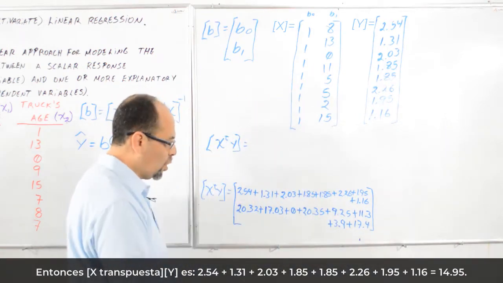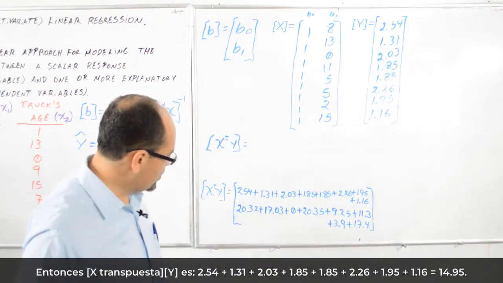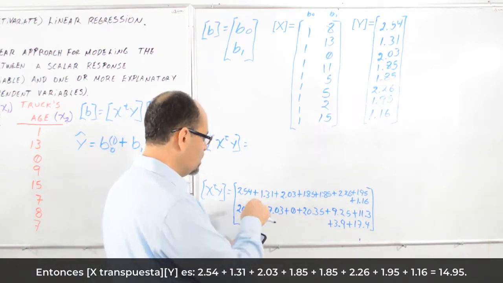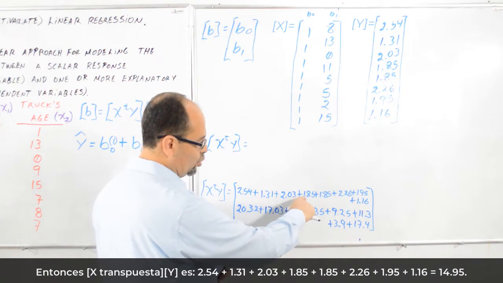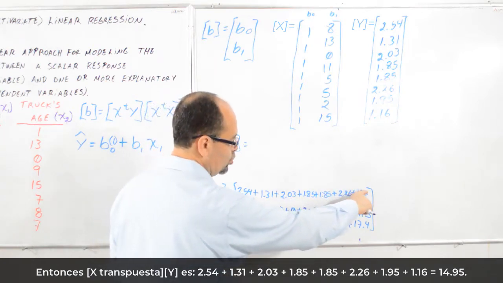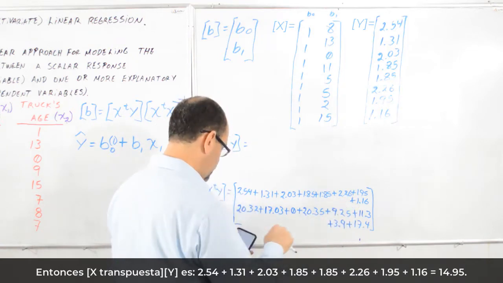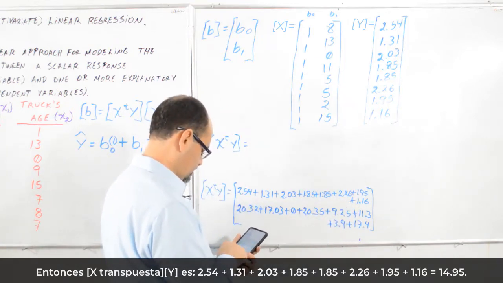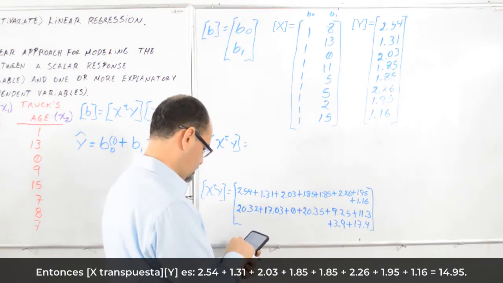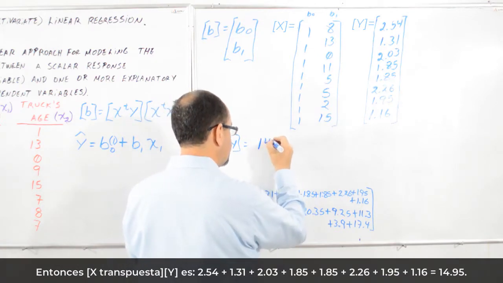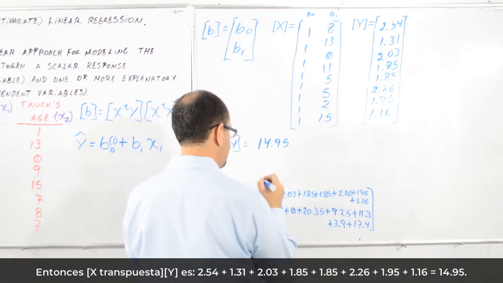X transpose Y: 2.54 plus 1.31 plus 2.03 plus 1.85 plus 1.85 plus 2.26 plus 1.95 plus 1.16. Let's do that. 14.95.